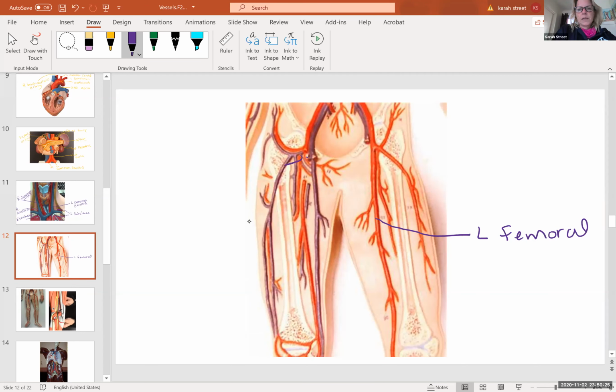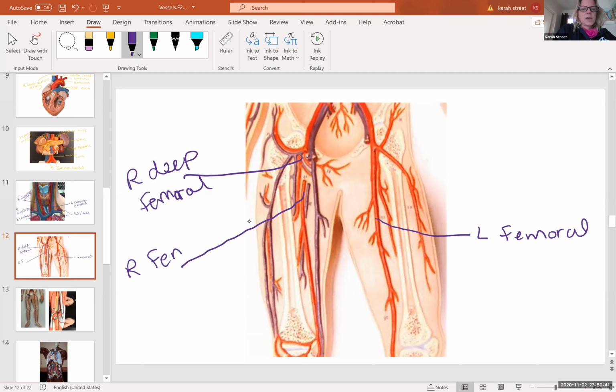And I have another picture of the deep femoral. So here is the right femoral. Again, it was cut away from the other part, which is up here. So I could kind of color that in if you want me to. That would be the connection.